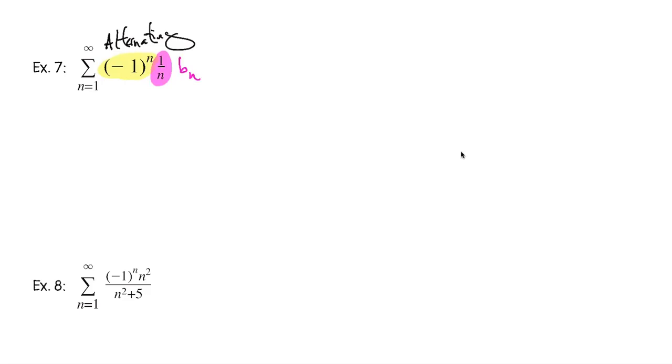Let's see what happens if we write out a few terms. We're not going to graph this, but let's write out a few terms and see what happens. When I plug in 1, I'm going to get -1. When I plug in 2, I'm going to get +1/2. When I plug in 3, I'm going to get -1/3, and then +1/4, -1/5, +1/6, and then it just keeps going, okay?